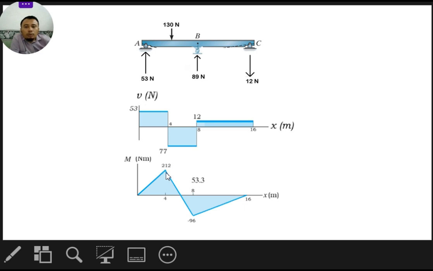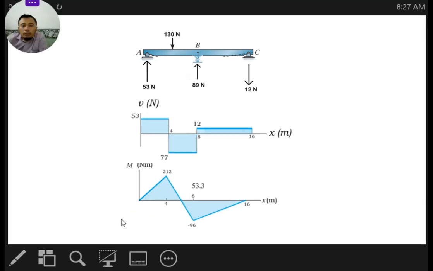Then the moment changes direction, reducing towards the negative direction due to the force of 130 Newton. It hits 96, and then increases again due to the reaction at By. So up until C, there is no moment.